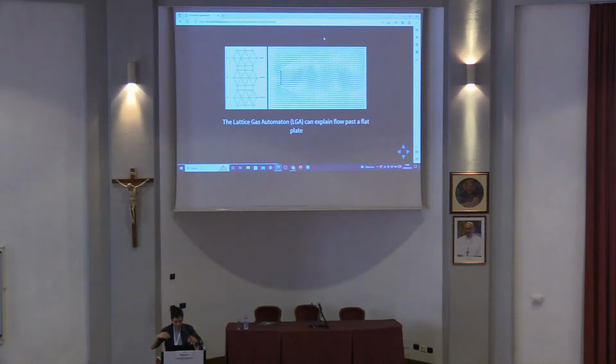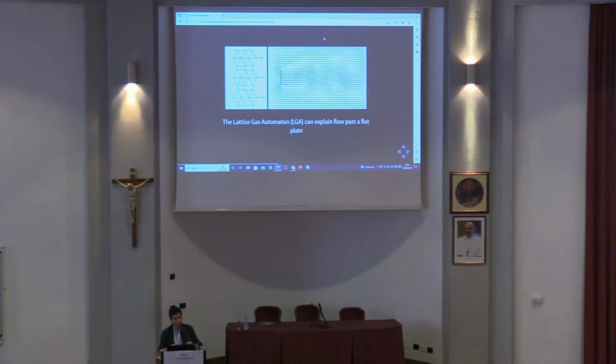Those particles have a direction, and they have some sort of velocity, and there's an update rule on the automata. The update rule says if you have two particles coming to the same node on the lattice, then they'll bounce out at a particular angle. Otherwise, the particle will just flow through that node in the lattice.